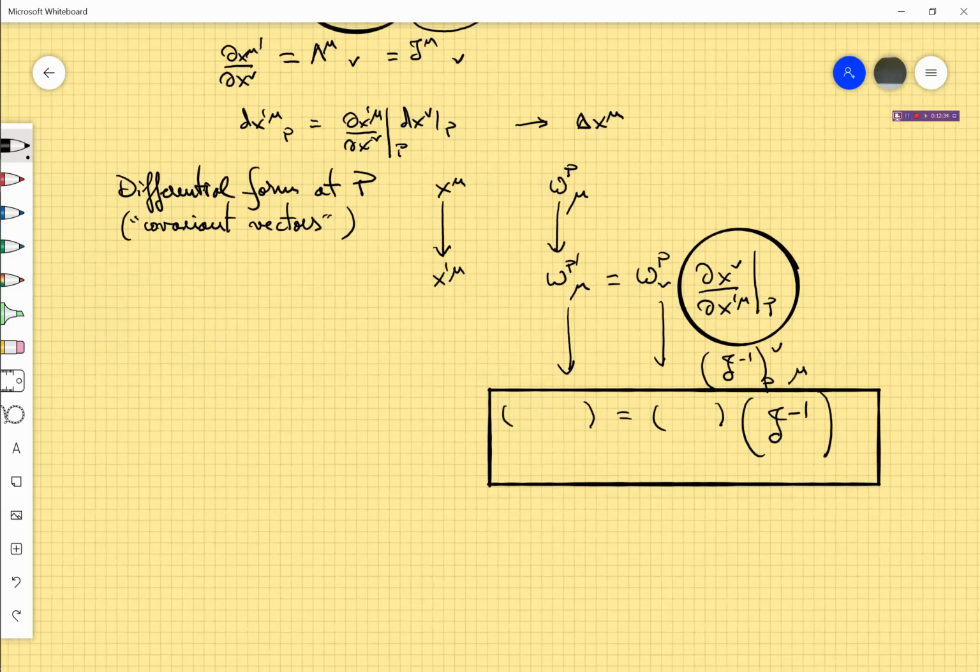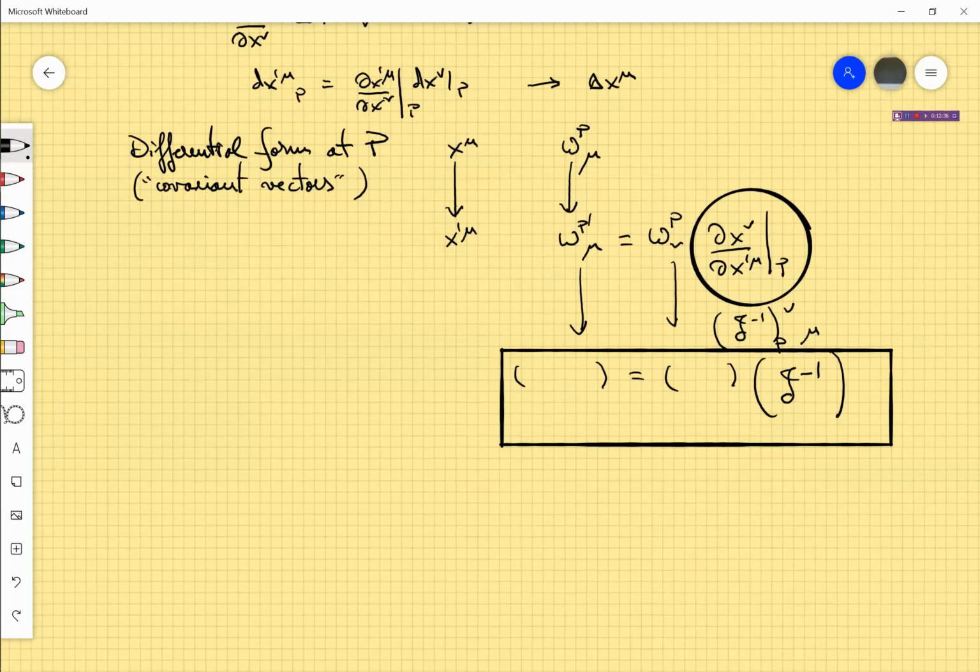So which kind of examples can we find? Suppose that you have a function f of x, and that you consider the partial derivatives of this function with respect to x mu at the point P. Let's see how this object of these four numbers, when we take the partial derivatives and evaluate them at the point P, transforms if we are in the prime reference frame.